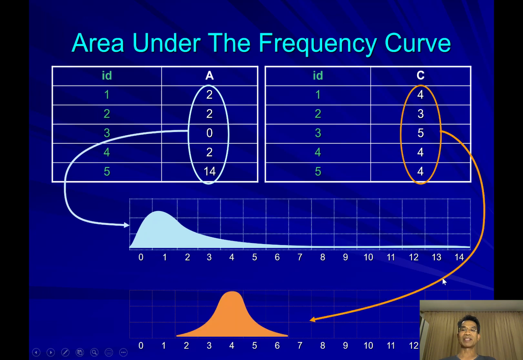This is how we describe it: this is right skew, and this is a symmetrical curve, like a bell shape. So the area under the curve and the characteristics of the curve tell us how the data is distributed. It's skew or symmetry, and how much variation it has, wide or narrow, at the base of the graph.